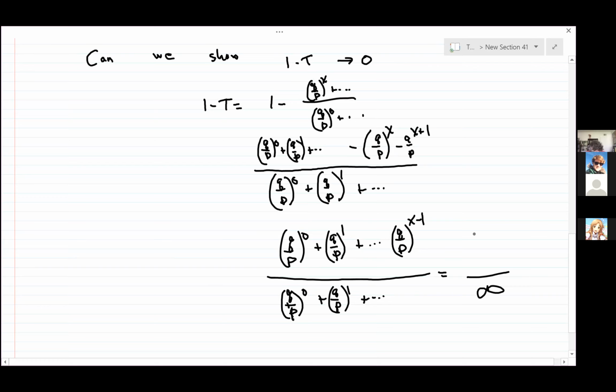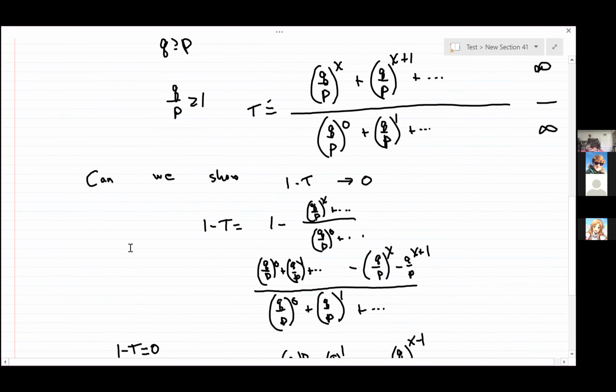The top is just a constant, right? So for any fixed x, this series is going off to infinity. This series is getting large, but for P and Q fixed, this is some constant. So this would be considered to be 0. So if that's 0, 1 minus T is 0, and T is equal to 1. I don't know if I like that reasoning so much, but I think it works.